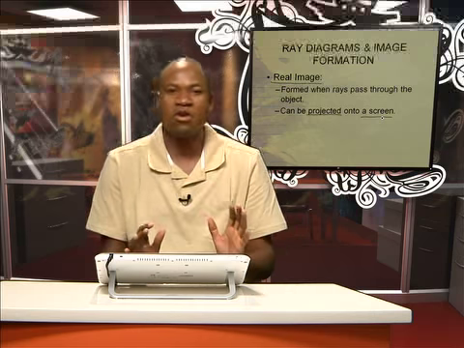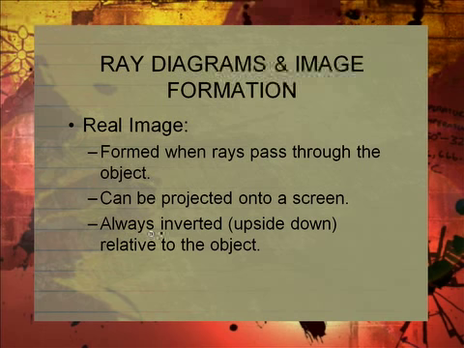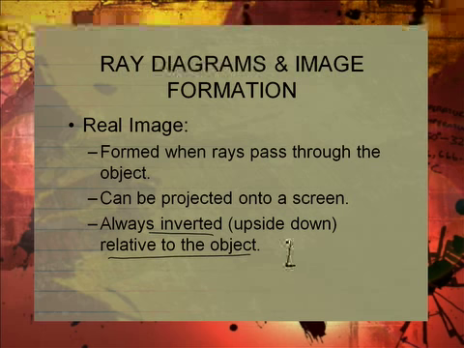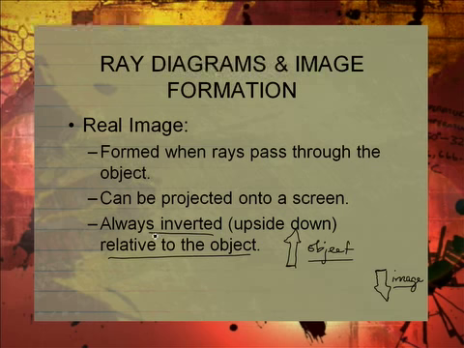You can project this, you can enlarge it, you can make it small, things like that. And next, this image is always inverted relative to the object. So if the object was upright like that, the image will be upside down of that. So this will be the image and that will be the object. That's what it means when the real image is inverted.